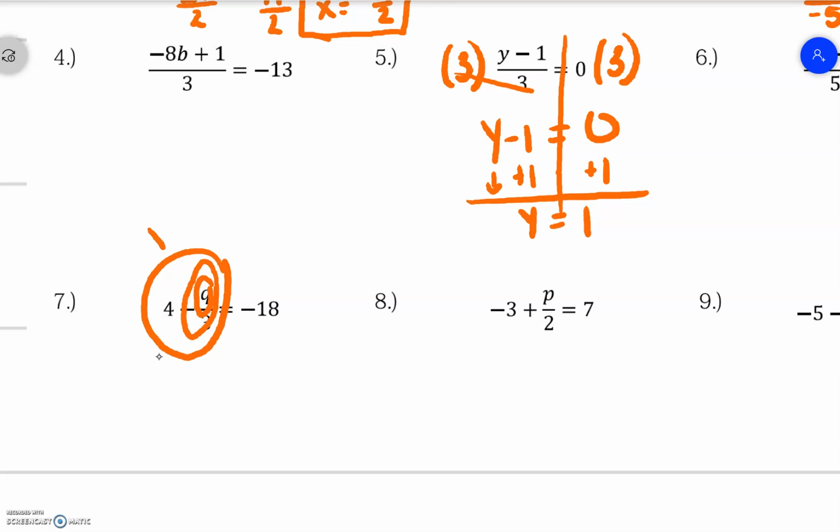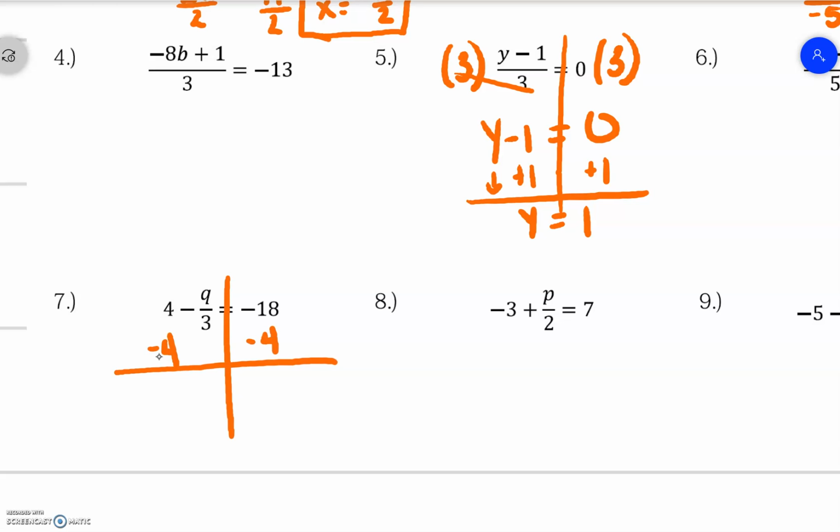So we have to take care of that addition, subtraction first before we can take care of that division. So I'm going to subtract 4 from both sides. 4 minus 4 is 0. Bring down negative q over 3. Bring down the equal sign. Negative 18 minus 4 would be negative 22.